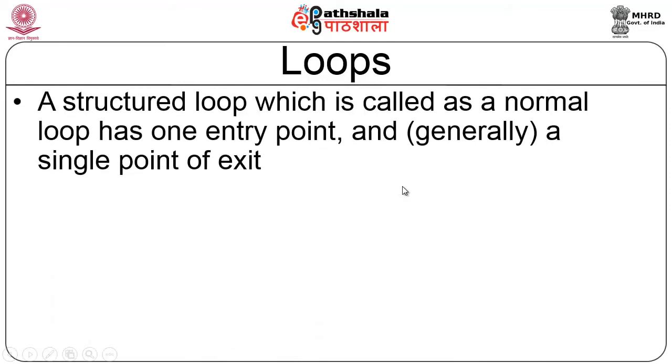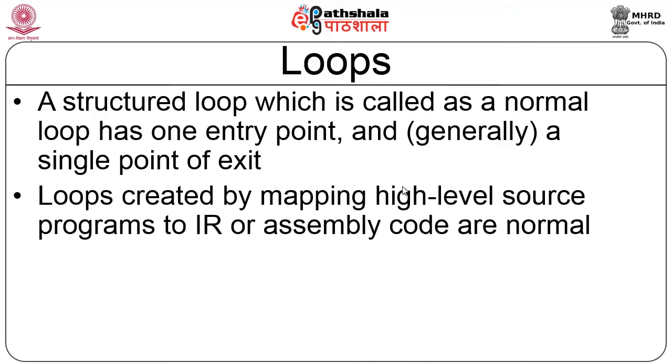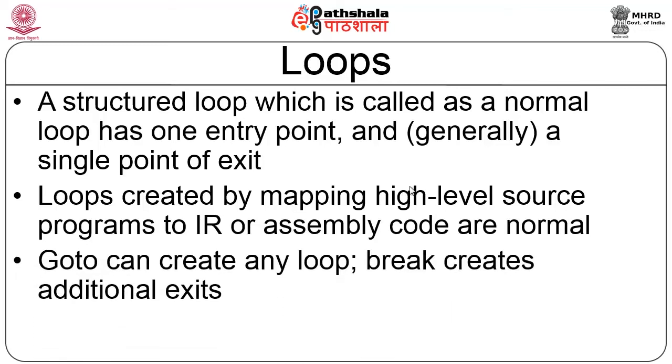Now, a structured loop is typically called a normal loop, which has one entry point and a single point of exit. The loops that are created by mapping high level source programs to intermediate representation or assembly code are called normal loops. Typically, you have normal loops in your piece of code. Goto can create any loop, and break creates additional exits.